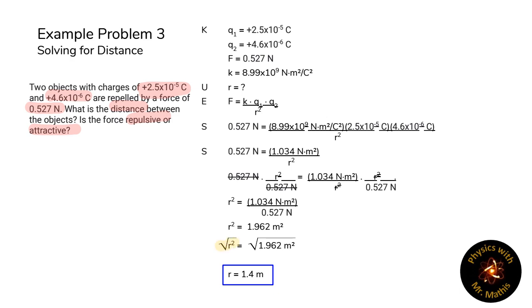So we're going to do that by doing a square root on both sides of the equation. Your calculator has a button with the square root sign on it. The square root of r squared is r. The square root of 1.962 is 1.4. And the square root of meters squared is meters. So we see that the distance between the two objects is 1.4 meters.